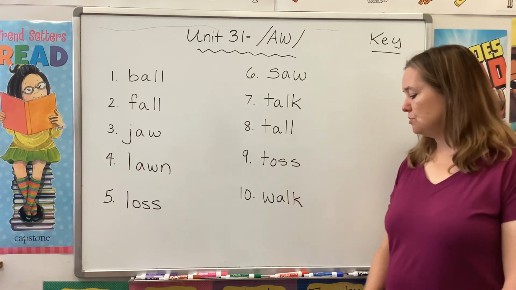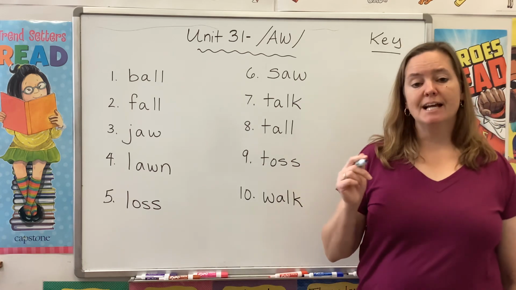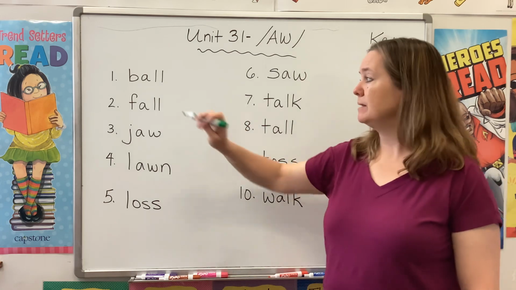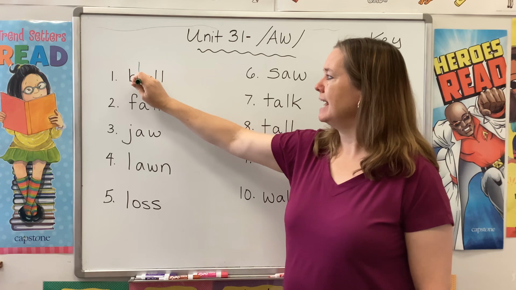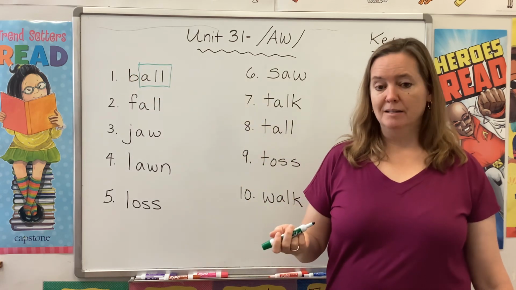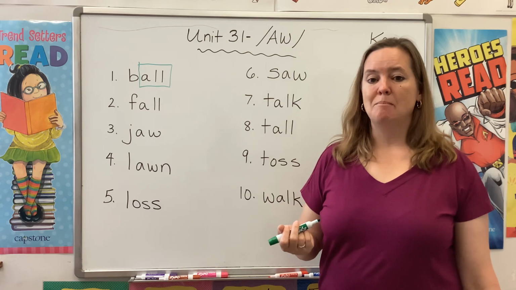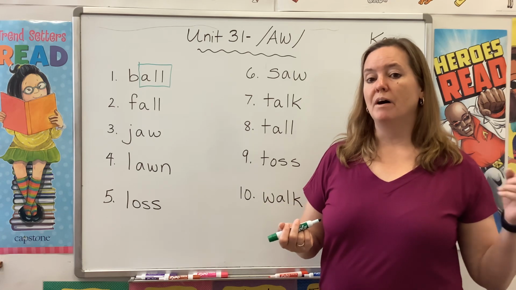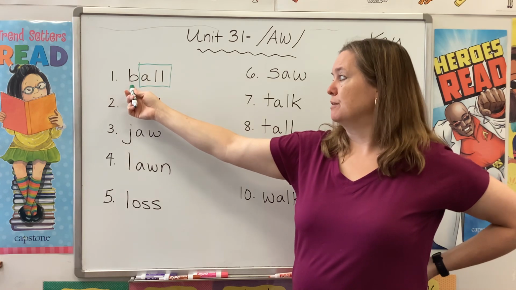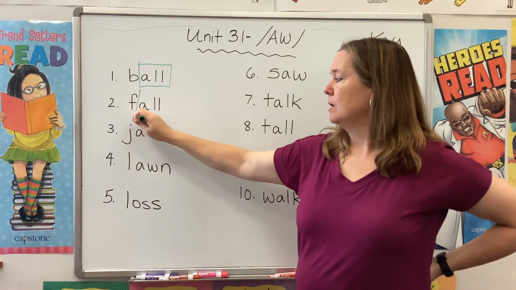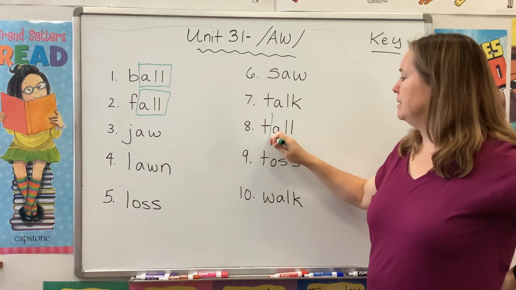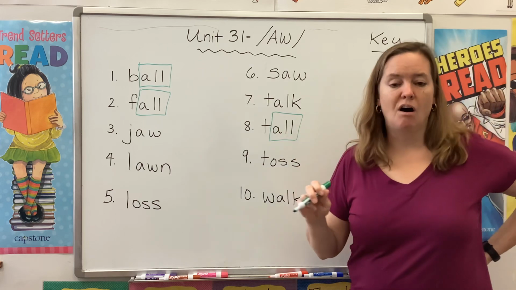All right, so let's choose a color. And the first thing I want you to look for is that A-L-L chunk. You might already be familiar with this. A-L-L by itself spells the word all. There are many, many words we can make in our language by adding 1 or 2 letters before the all. So we have the word ball, we have fall, and we have tall.